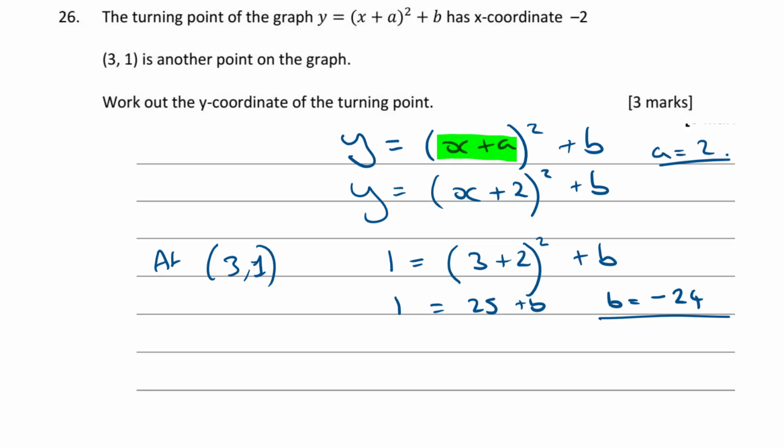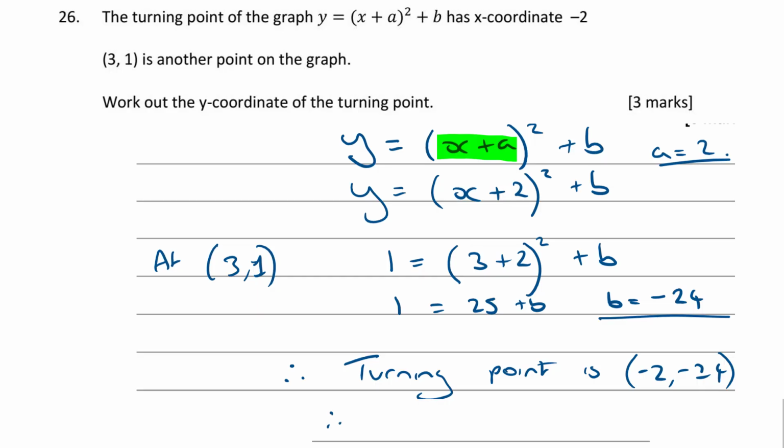So the b in the completed square form is going to be the y value of the turning point. So therefore the turning point is at (minus 2, minus 24), and the y coordinate is minus 24.